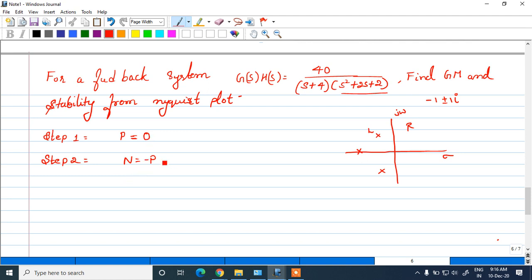Then we find that N should be 0. What is N? N is the number of encirclements of the critical point minus 1 plus j0. After drawing the Nyquist plot, how many times will it encircle this critical point? Our statement will be that our Nyquist plot for this problem should not encircle, so it has to be 0. That is our step 2.